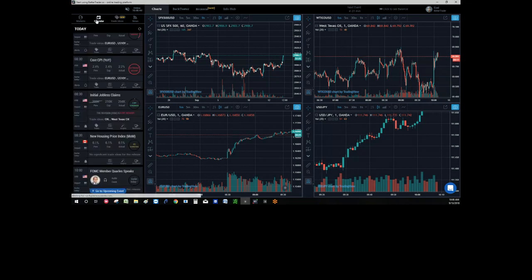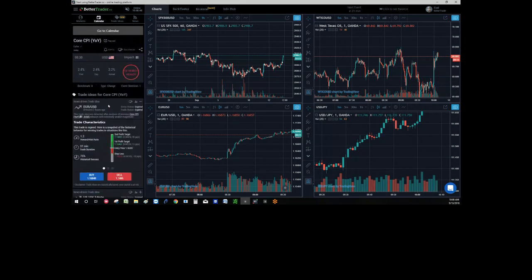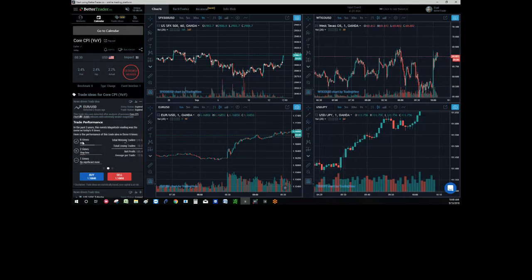This is about this. Let's get back to the core CPI example. So we have the Euro USD. This is the situation. This bar represents the first profit target and the second profit target. The first profit target is the delta that every one of these 6 wins reached. So every single time this trade idea, long Euro dollar, was a success, the market reached this first profit target.